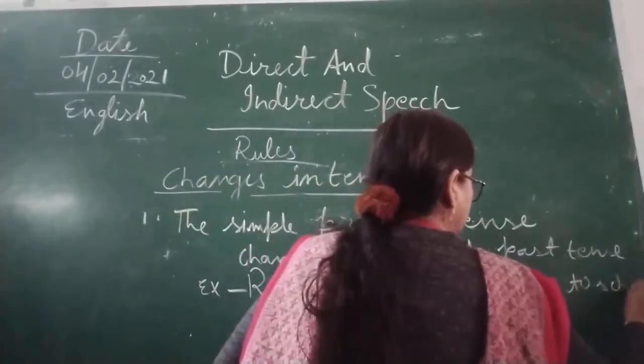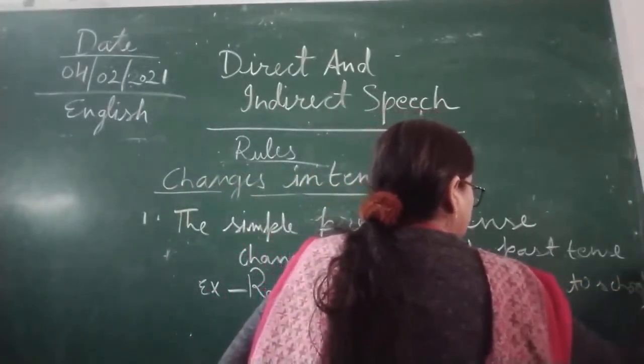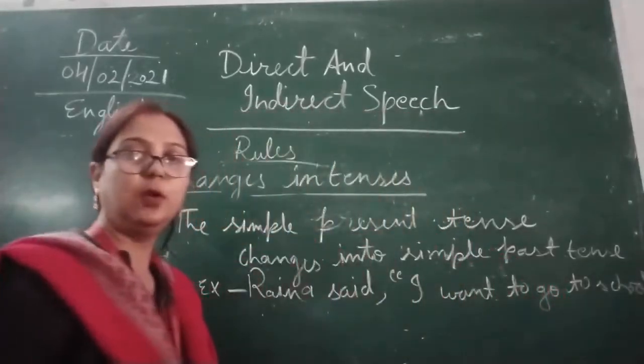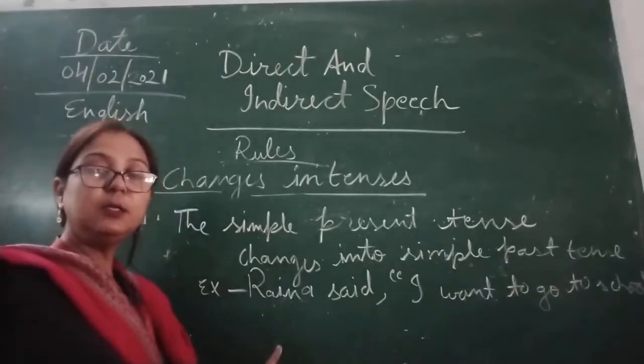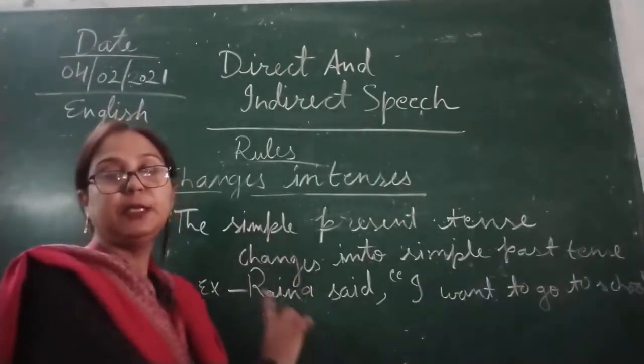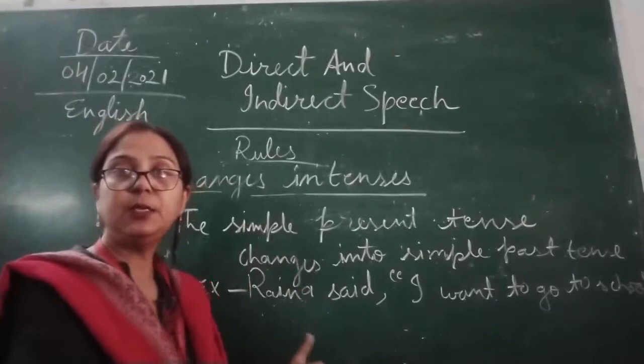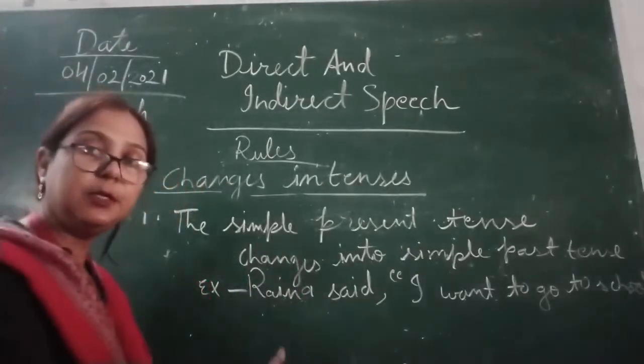Inverted commas close and a full stop will be there. You can see over here this is simple present tense, so the direct speech is written in the simple present tense.